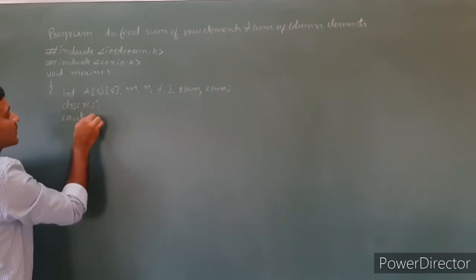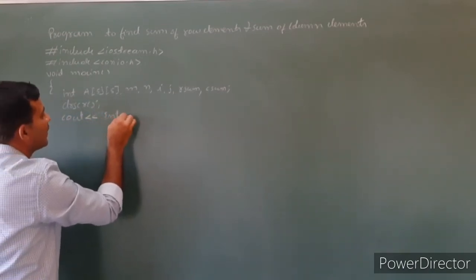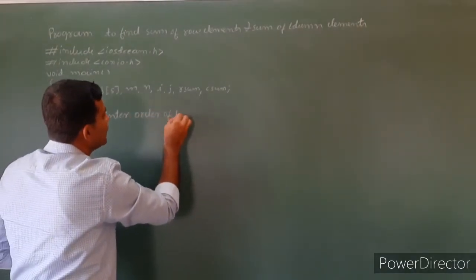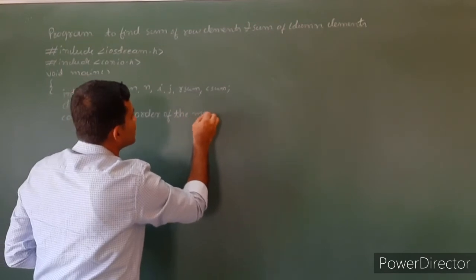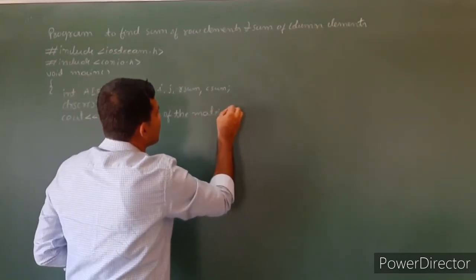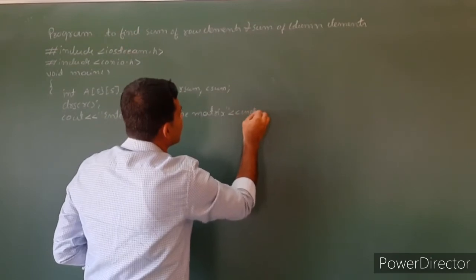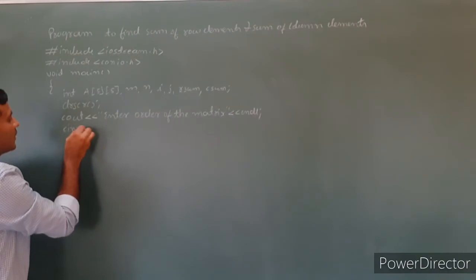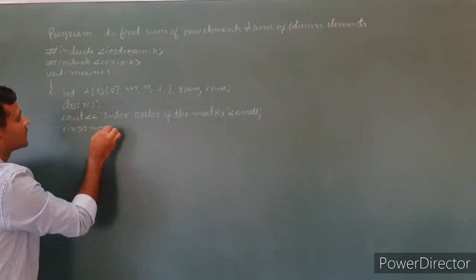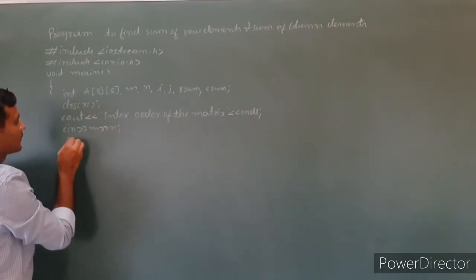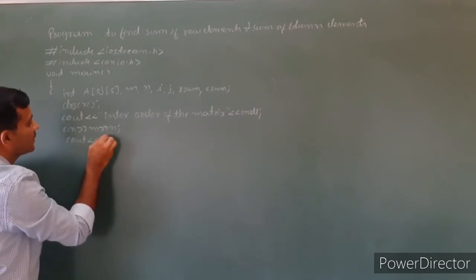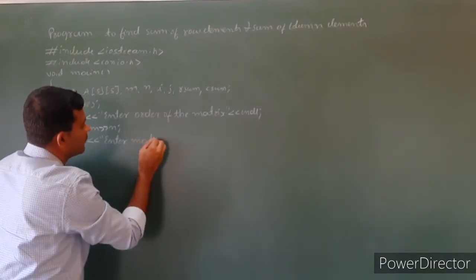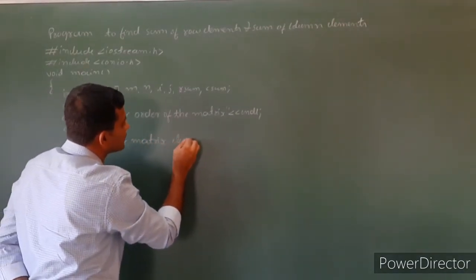First read the order of the matrix. Output: enter order of the matrix. cin extraction m extraction n. Output: enter matrix elements.